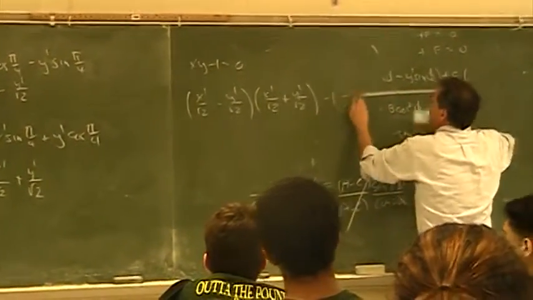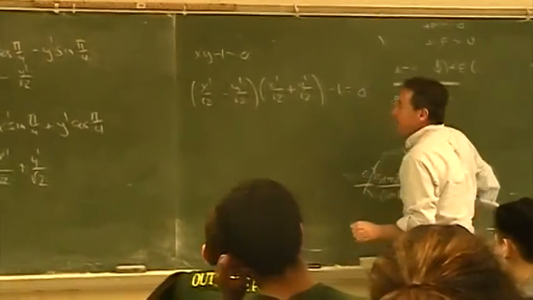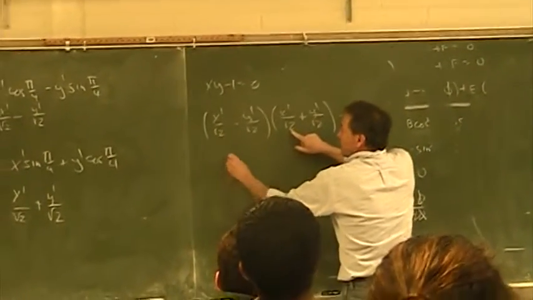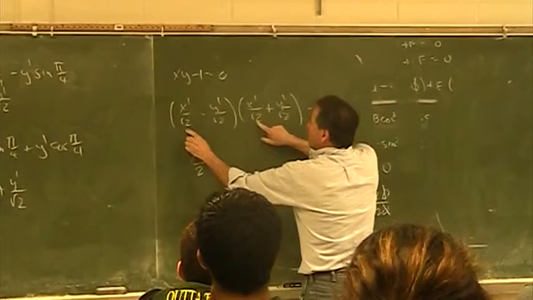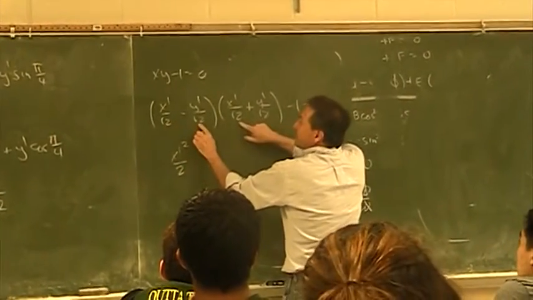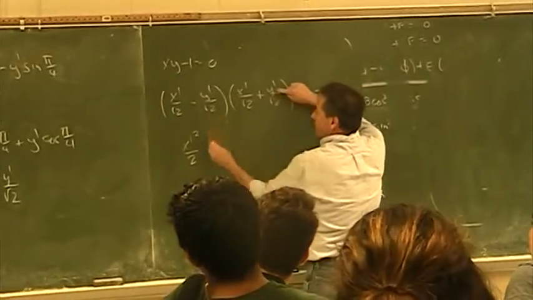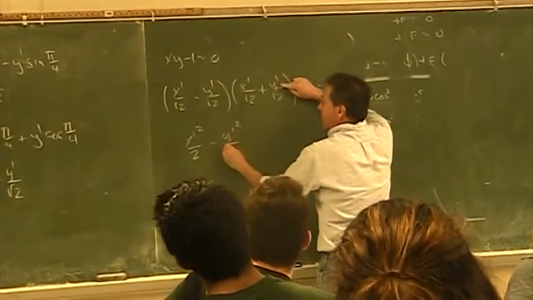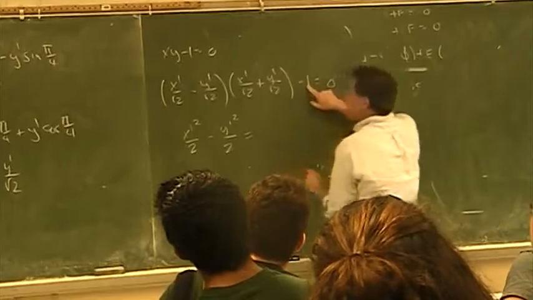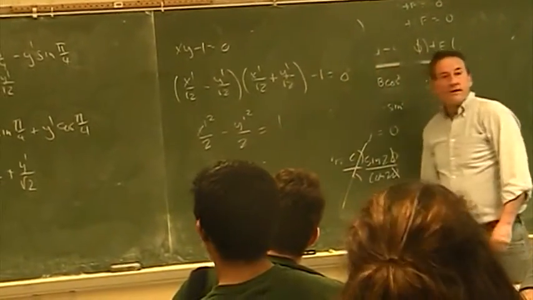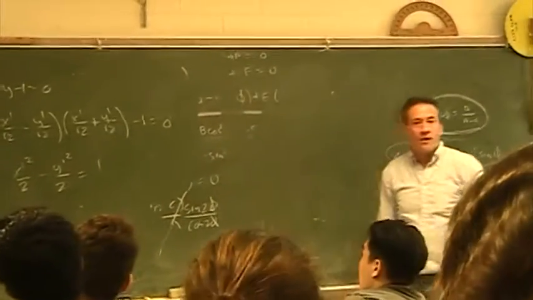Substitute it in. Can you boil this? x prime squared over 2, plus minus is gone, minus y prime squared over 2 equals, bring the 1 over. No x prime y prime term.